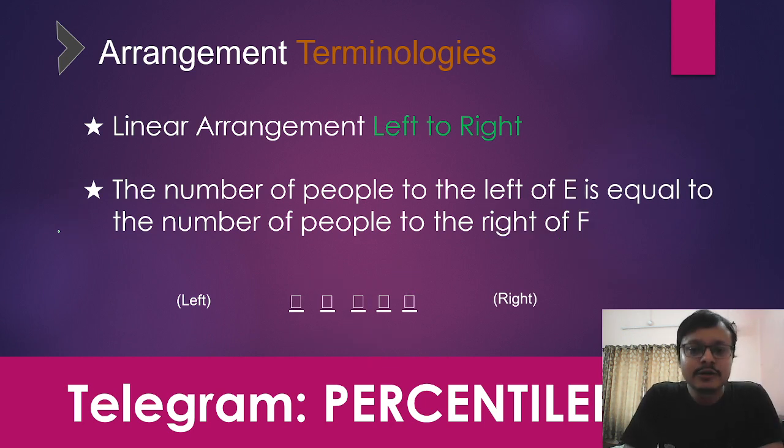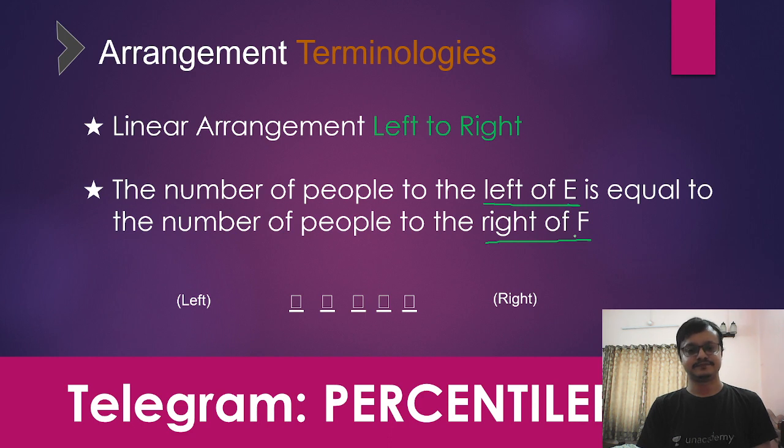The next clue that we look at is as follows. The number of people to the left of E is equal to the number of people to the right of F. Now, what does this mean? This means E and F must be equally spaced out.